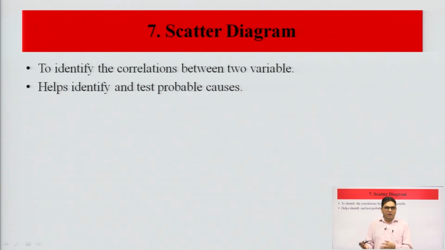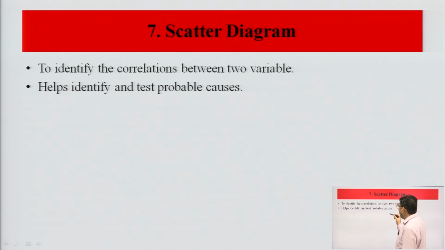For example, if advanced machinery has been installed, has the quality improved? Or if an organization is spending more on training and development programs, is the quality standard being maintained by the company or not?